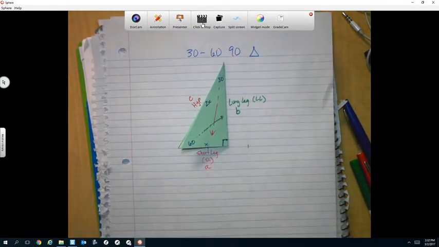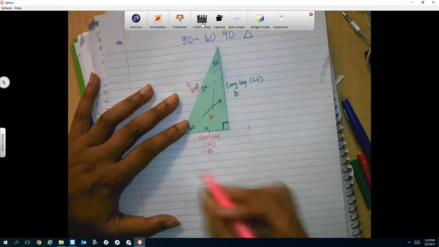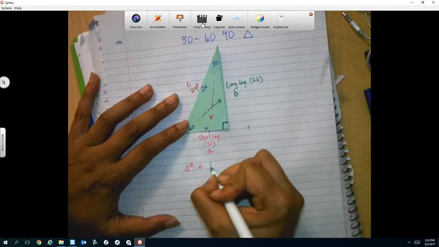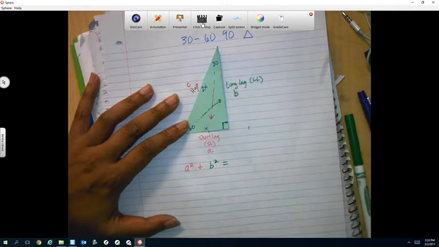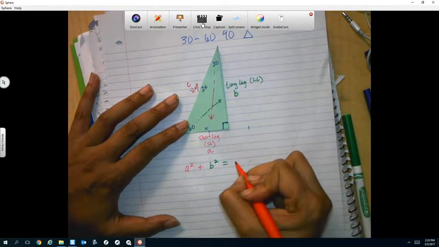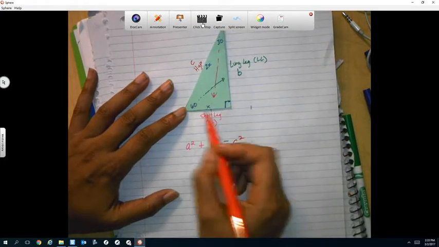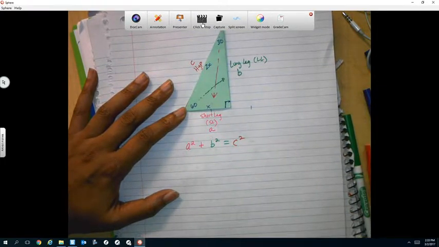Okay. So we're just going to use Pythagorean theorem to derive the formulas of the 30, 60, 90. So we're just going to substitute here. We're starting off with A squared plus B squared equals C squared. And we're going to substitute the parts in there. So we know our short leg has the same value as just x.